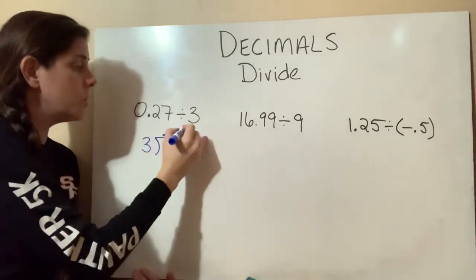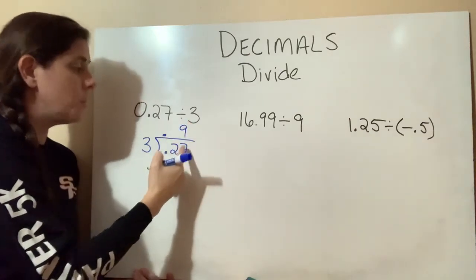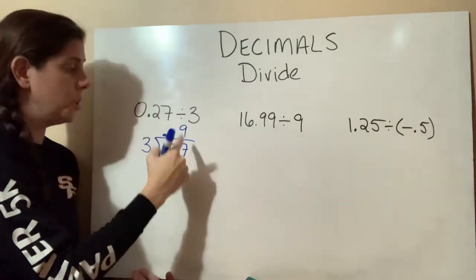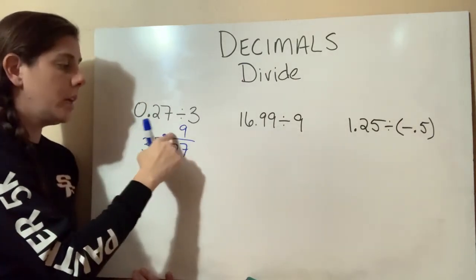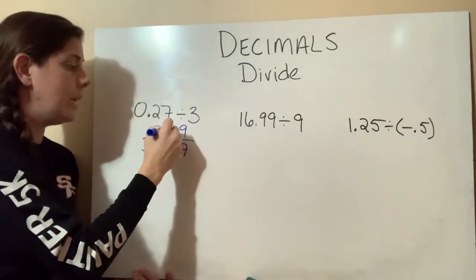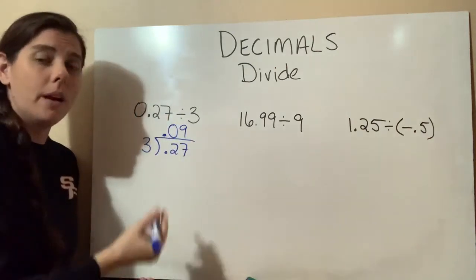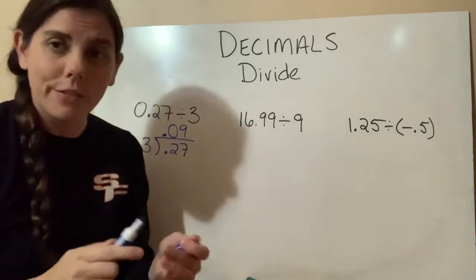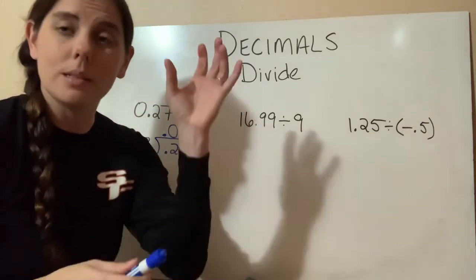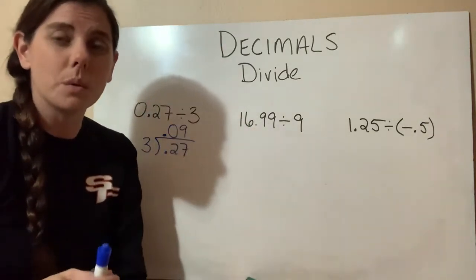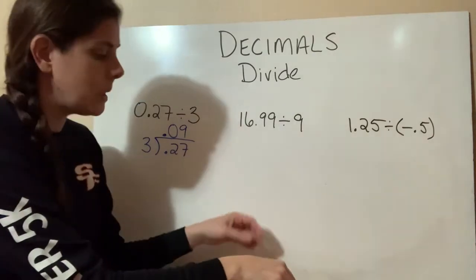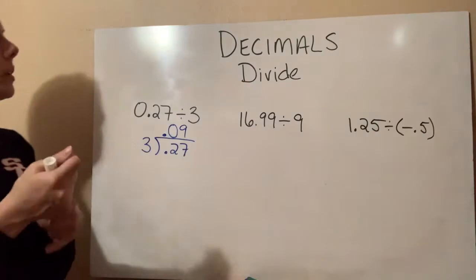So 3 goes into 27 9 times, and we put it above the 7 because that's the last number that we went into. Now, because the decimal's right here and the 9 is over here, we need to fill in that place value. So there's a couple different ways you can look at it. But I feel like dividing is probably the trickiest operation to perform with decimals because there's a few things you have to remember with that decimal place. So let's do that again.